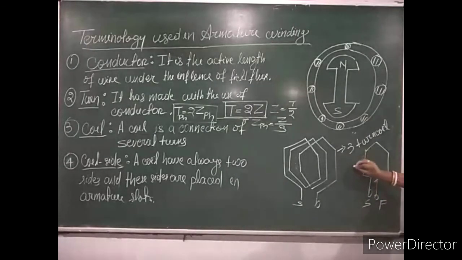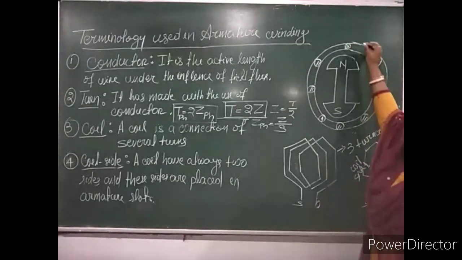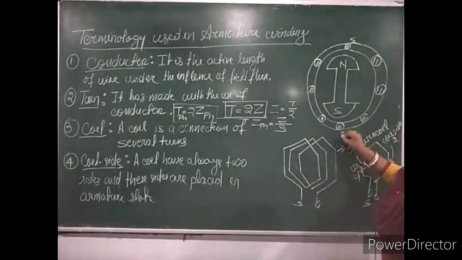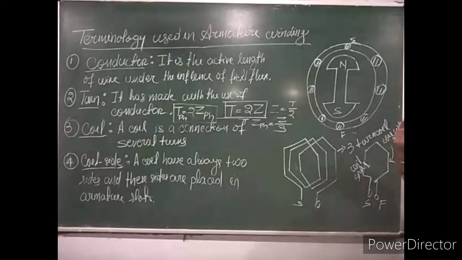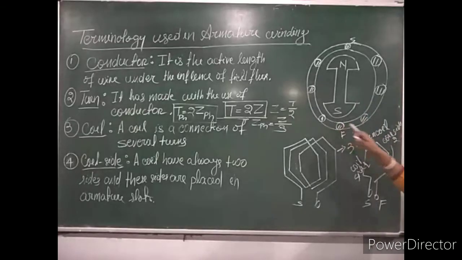So this side is called coil side 1 and this side is called coil side 2. Suppose for this conductor the starting point is this one and the finishing end is this one. So this coil has two sides, this side and this side.